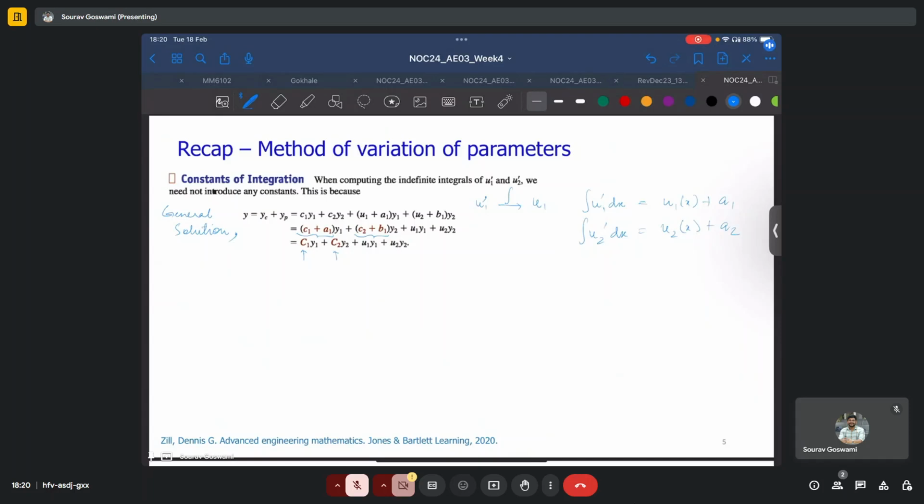However, the method that we just discussed, called the method of variation of parameters, offers some distinct advantages over this method of undetermined coefficients. Just take a minute to list them down here.